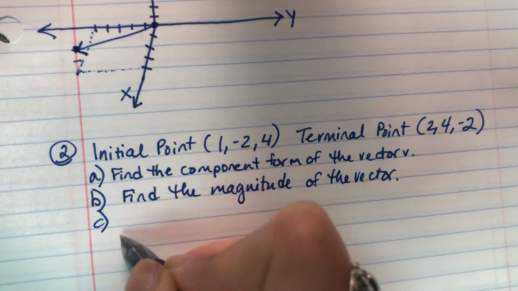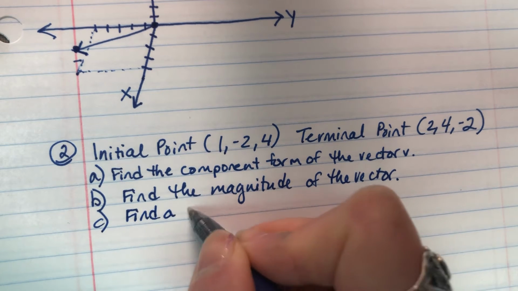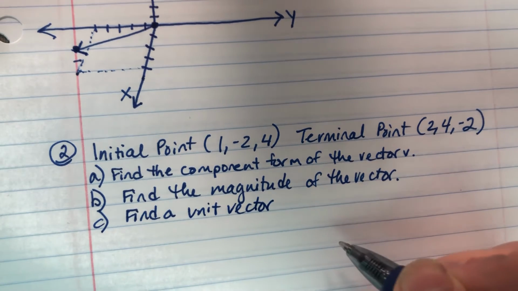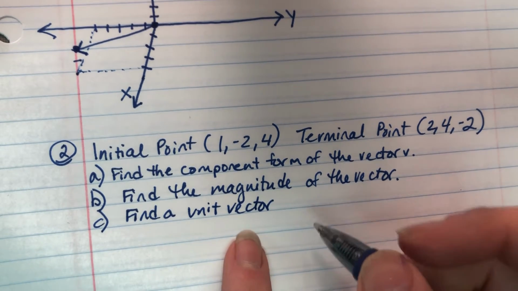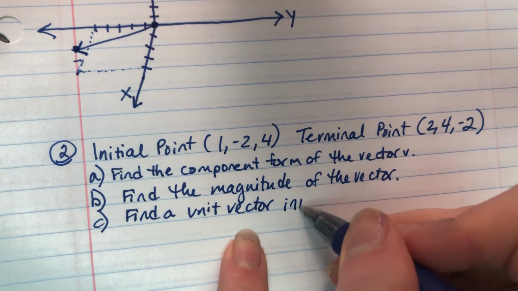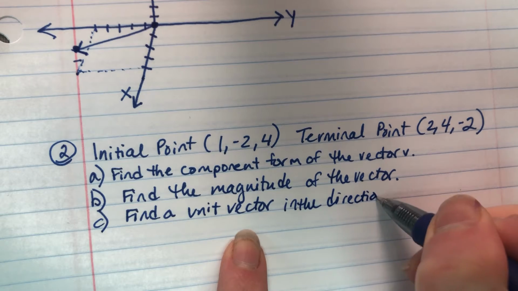And finally, for part C, we are going to find a unit vector in the direction of v.